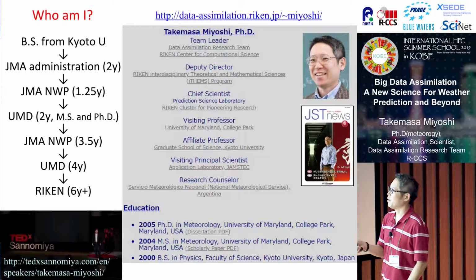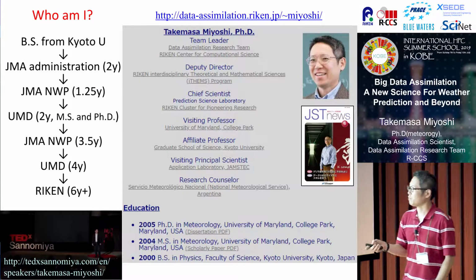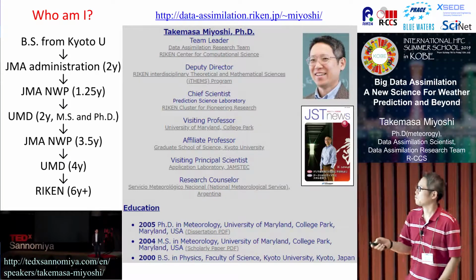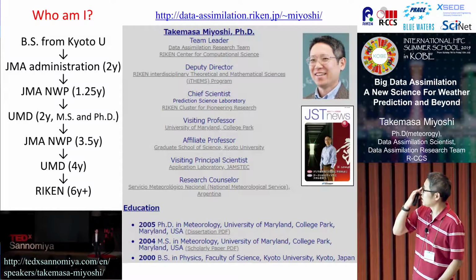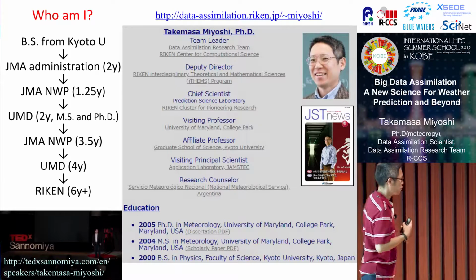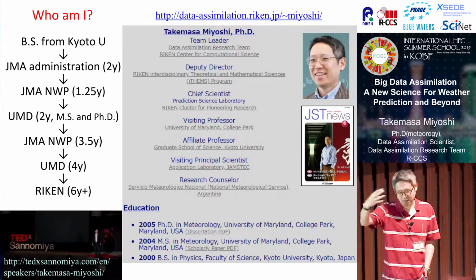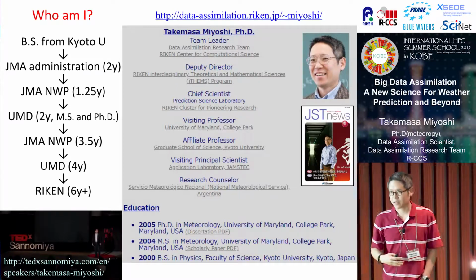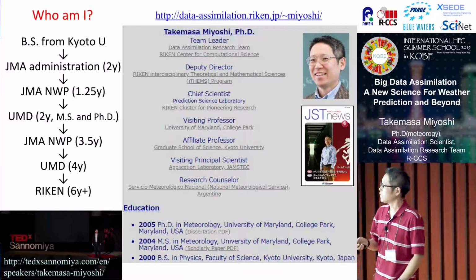And then about 6.5 years ago, I moved here to Kobe, and I have been working with the K computer. I'm going to talk mostly about what we did with the K computer. That's actually the cutting edge of this type of research.